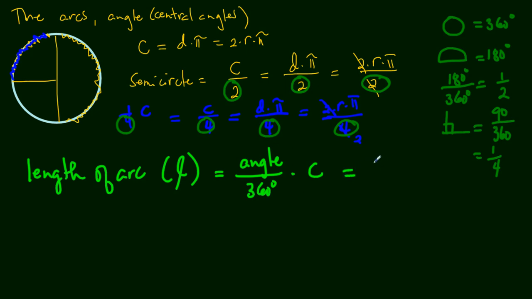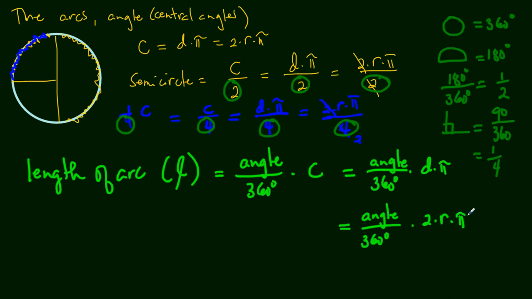So if I have angle divided by 360 degrees, multiplied by, if I'm going to use the diameter, then it's times the diameter times pi. But if I'm going to use the radius, then I have angle divided by 360 degrees multiplied by 2 times radius times pi. Then you can simplify that. So always remember that.